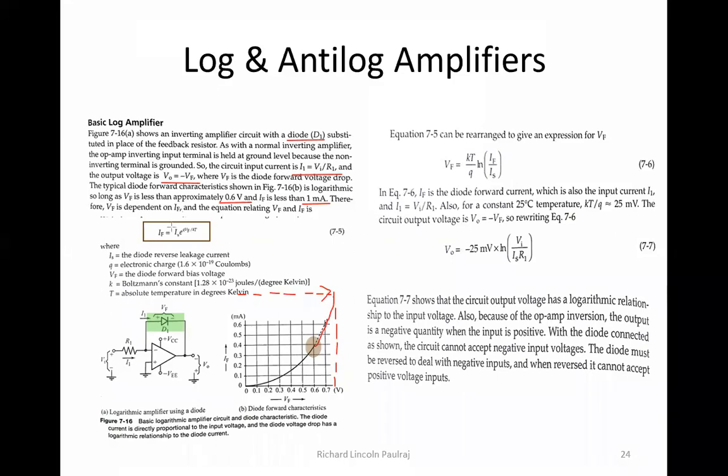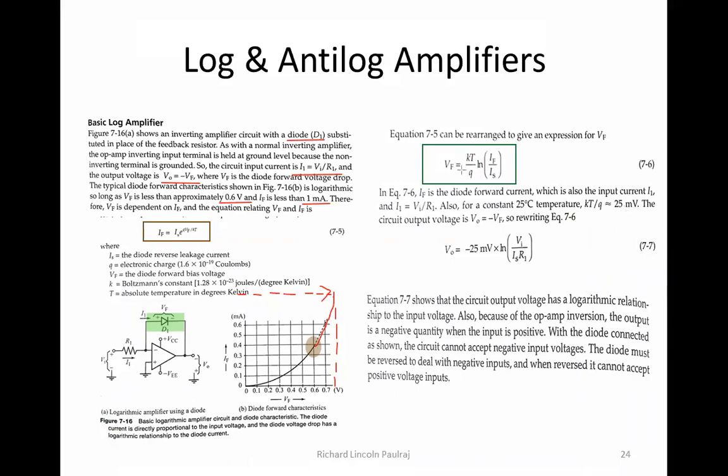So this equation we're going to rewrite, and we're going to retain only Vf, which is the forward voltage, and take the other sections, interchanging the left hand side and right hand side. Doing that, I'm going to get an equation with the ln function. This is where the logarithmic function comes into the picture.